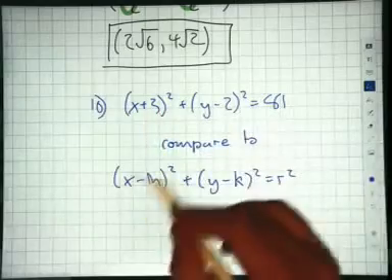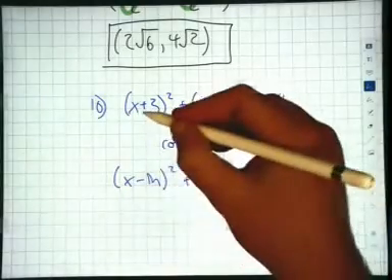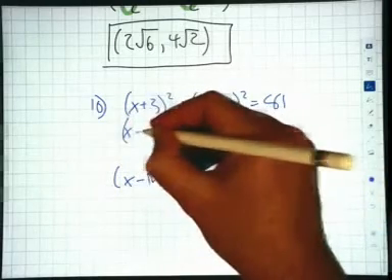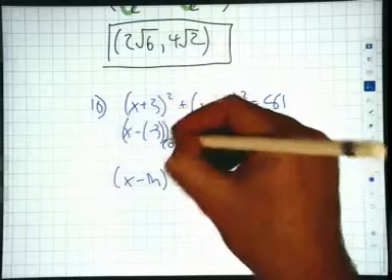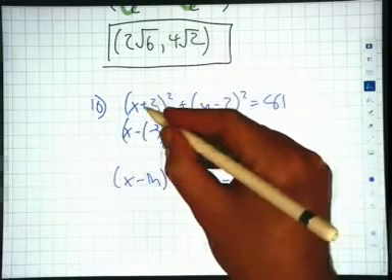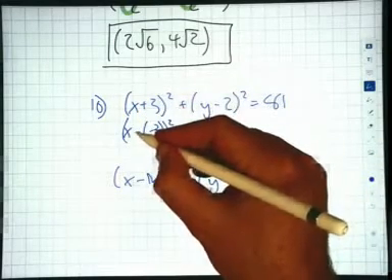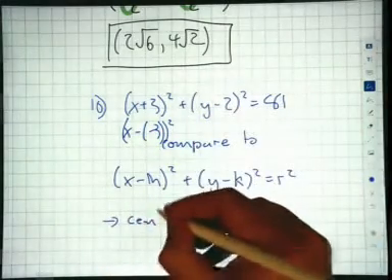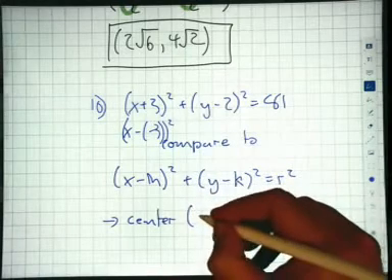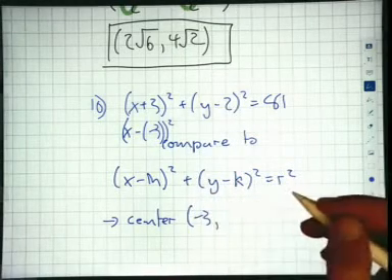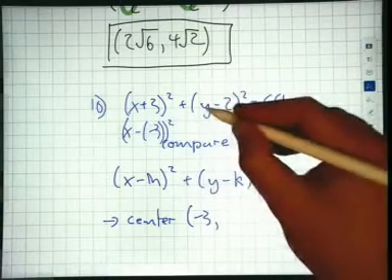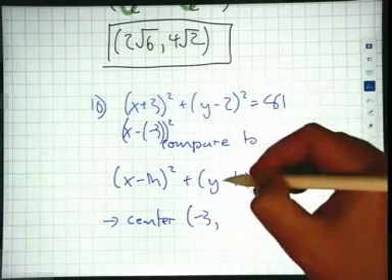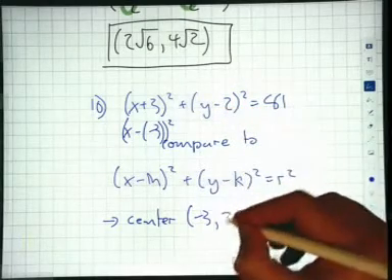So you can see that I have not x minus h, but an x plus 3. So what if I just think about this as rewriting x plus 3 as x minus a negative 3? Then I can see that when it comes to my center, the x coordinate is going to be negative 3. And compare this again, y minus 2 quantity squared to y minus k quantity squared. Y minus 2 is the k.